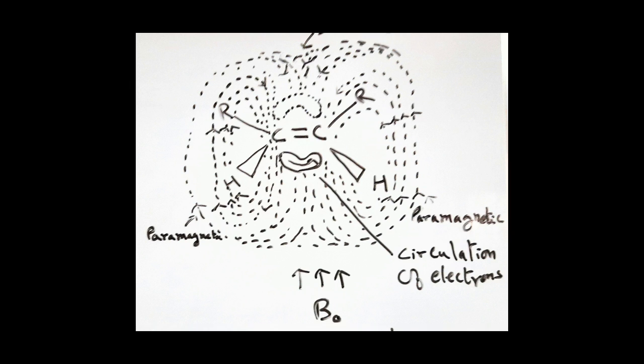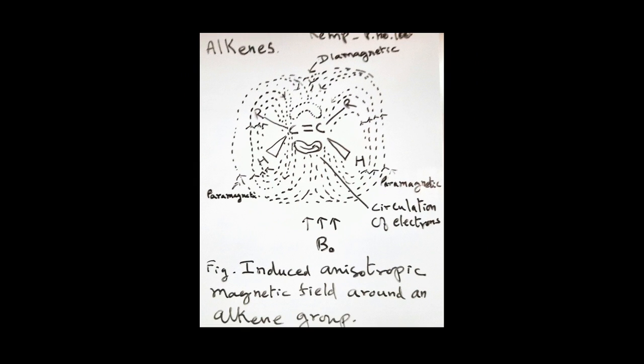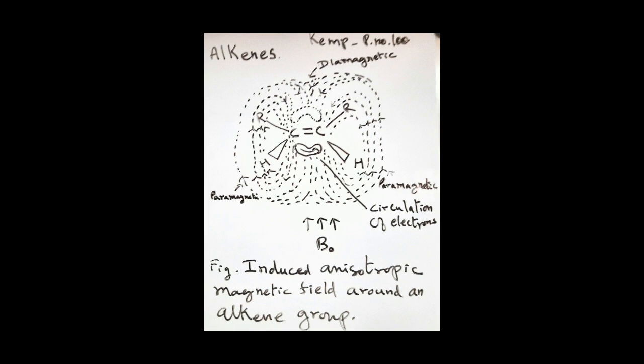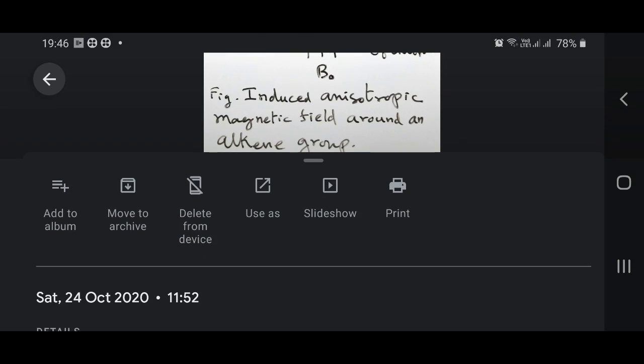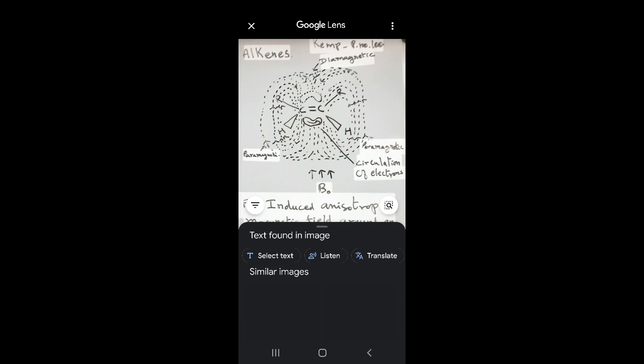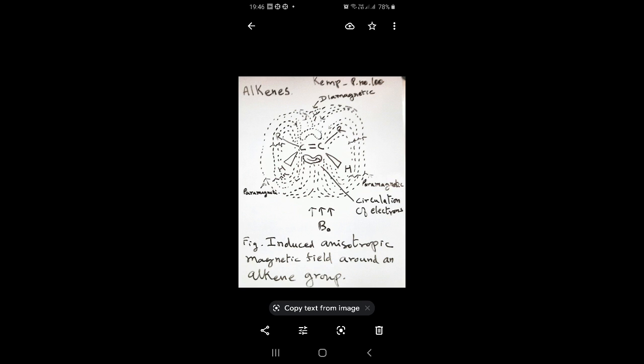As a result, the chemical shift value is higher. This is the figure given in William Kemp, page number 100: induced anisotropic magnetic field.